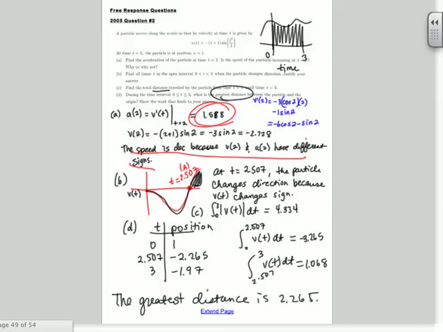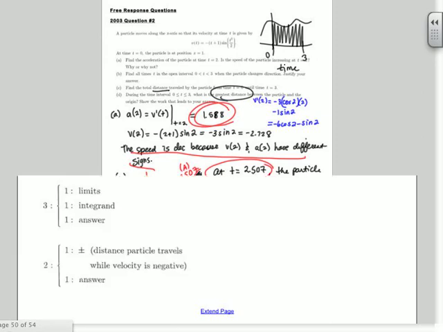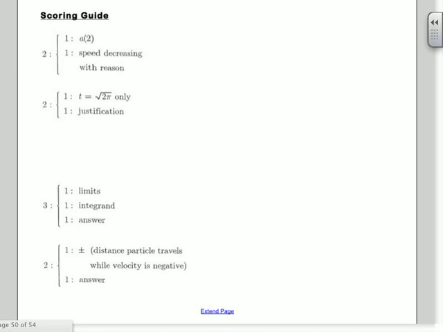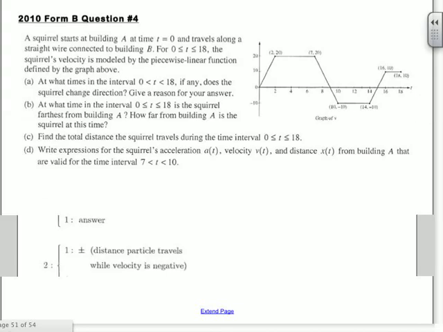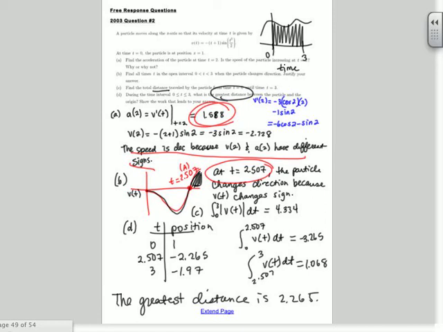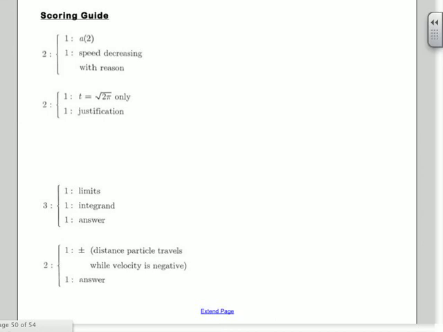It's 2.5066. All right, and then 1 point for the justification, because the v of t changes signs. So you could have gotten 4 out of the 9 points on just those parts.